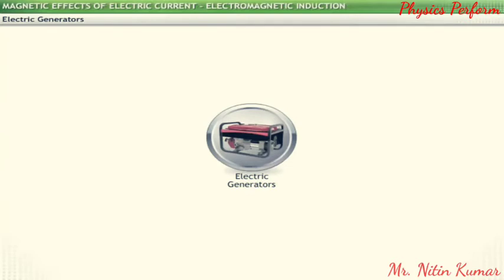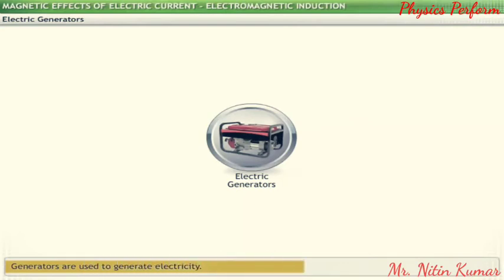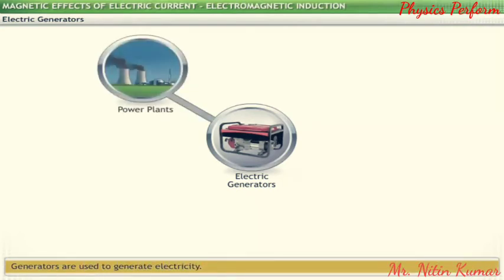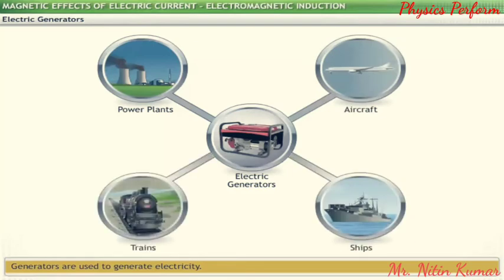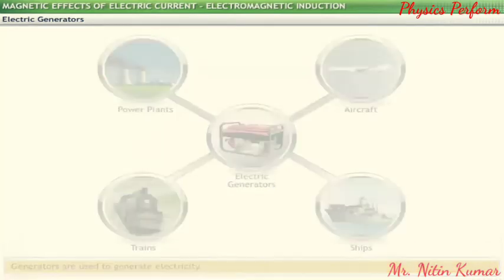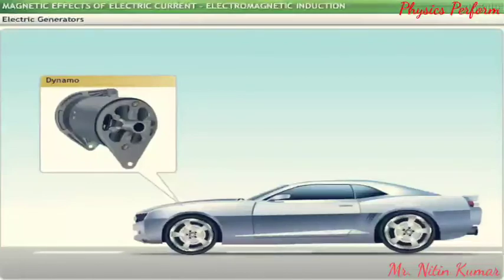Electric generators are based on the principle of electromagnetic induction. Generators are used to generate electricity in power plants for transmission and distribution of electricity over power lines, and to produce electric power required for aircrafts, ships, and trains.